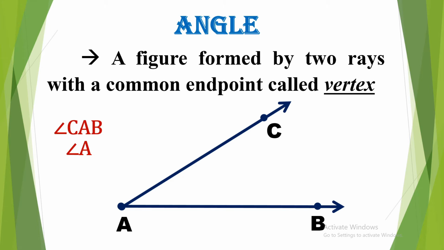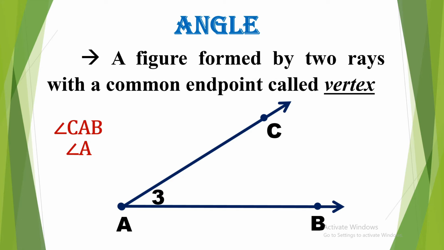Take note, if there are two or more angles formed using that vertex, then you cannot name it using the vertex because there will be more than one angle pertaining to that angle if you use the vertex. But aside from letters, we can also use numbers to name an angle.